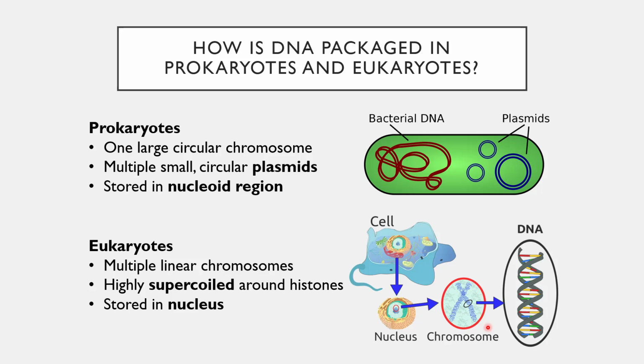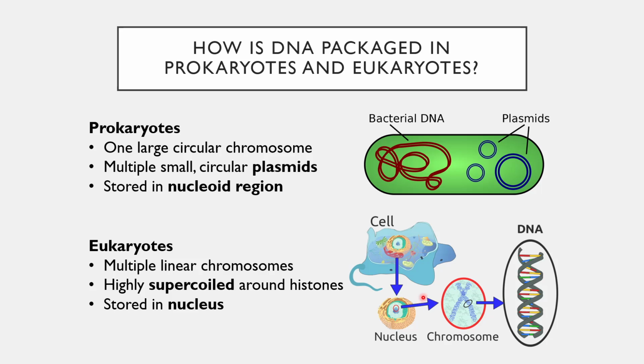That DNA storage takes place inside of the structure known as the nucleus, which differs from the nucleoid region in that it is walled off from the rest of the cell by a double layer of membranes. So it's like a compartment that protects the DNA, whereas the prokaryotes do not have such a compartment. They just have that nucleoid region space.